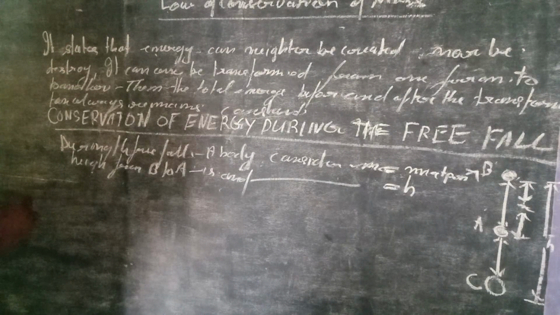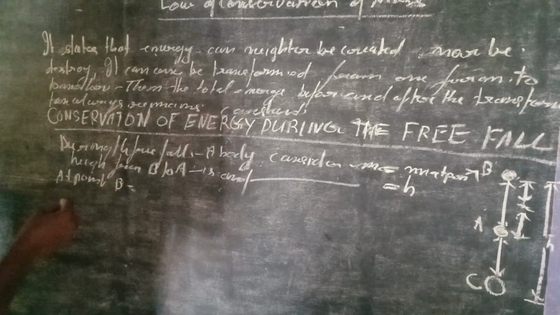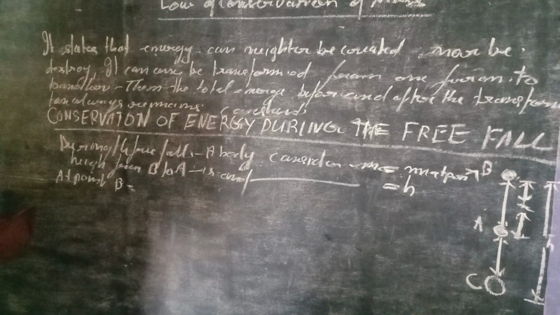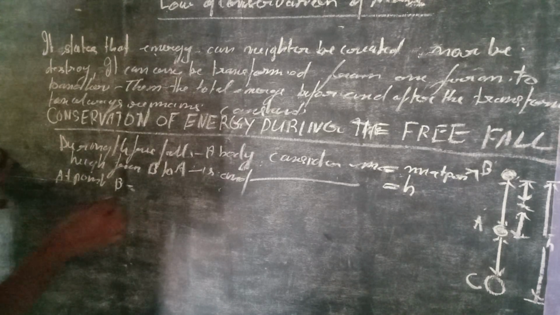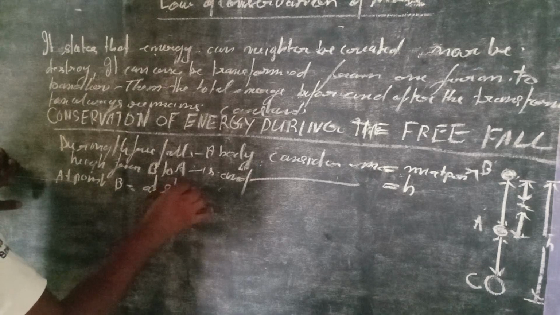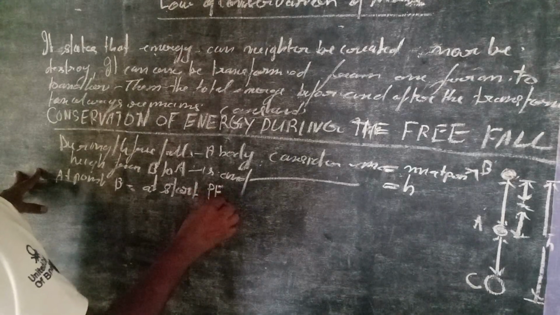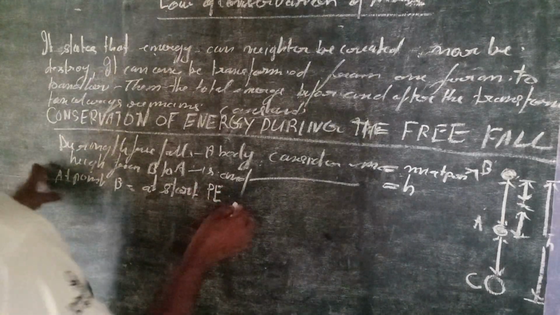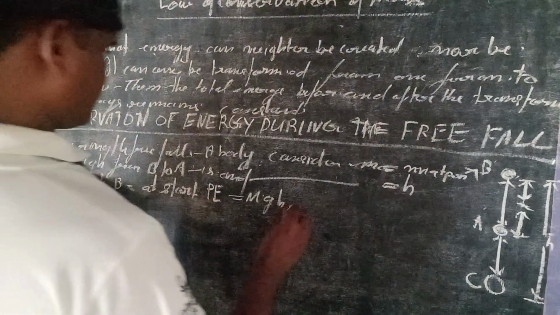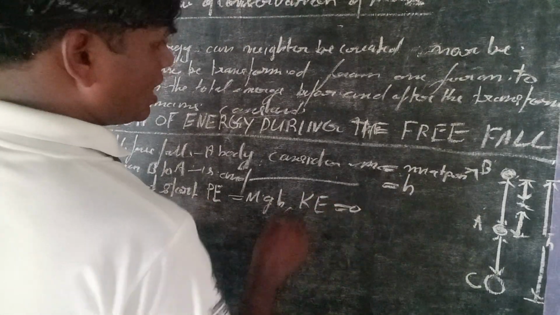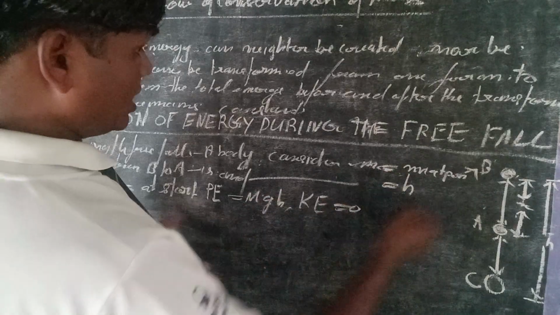Then what will be at point B? At point B, at the start of free fall of an object, potential energy will always be mgh, equal to m into g into h, and the kinetic energy will always be 0, because the object is stable before the free fall is happening.